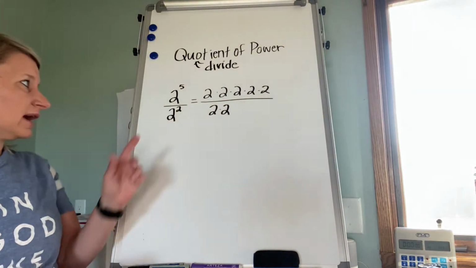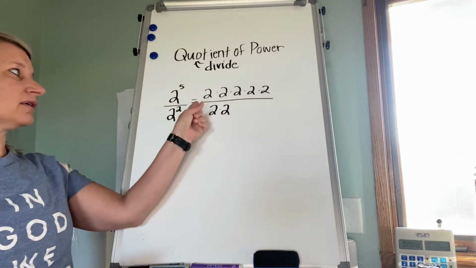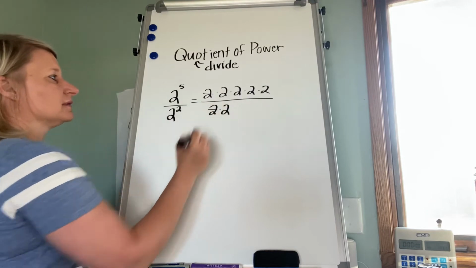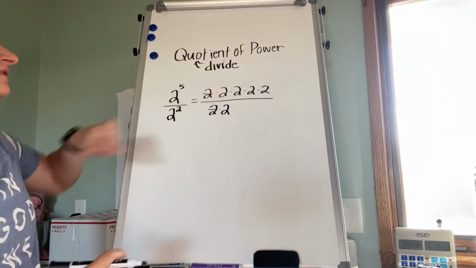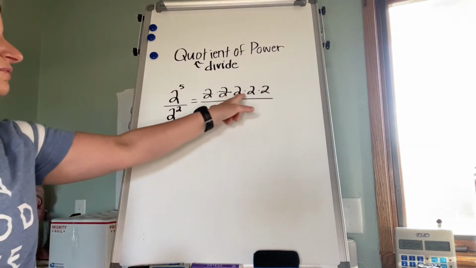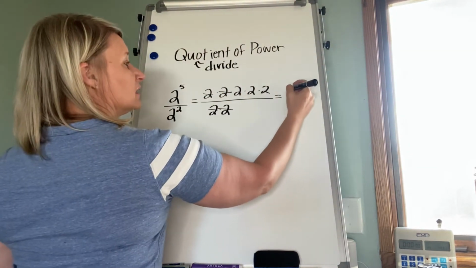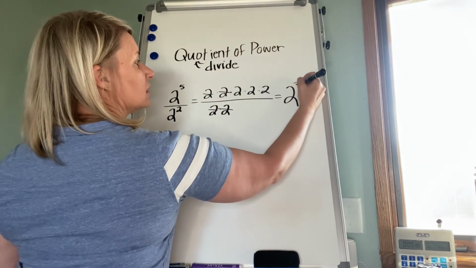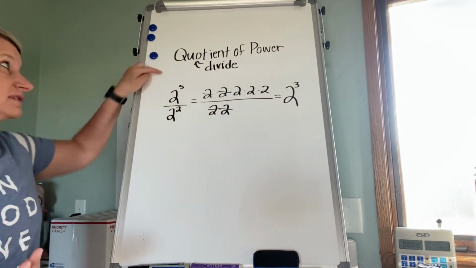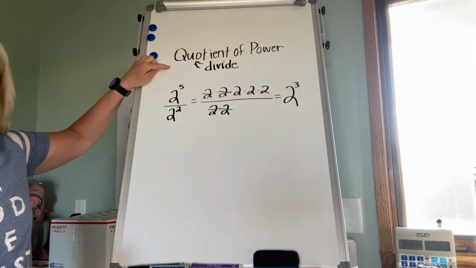So when we divide a number by itself, 2 divided by 2, we get 1, right? So we know this is 1. If we get 2 divided by 2, we know this is 1, okay? So what we're left with is 2 cubed, okay? So you've just done the rule of quotient of power.